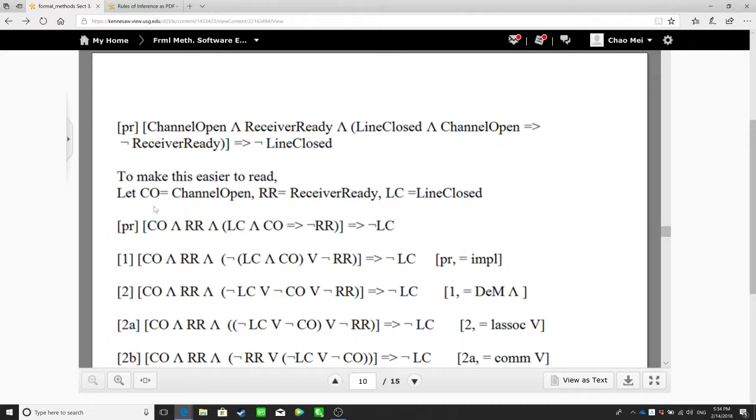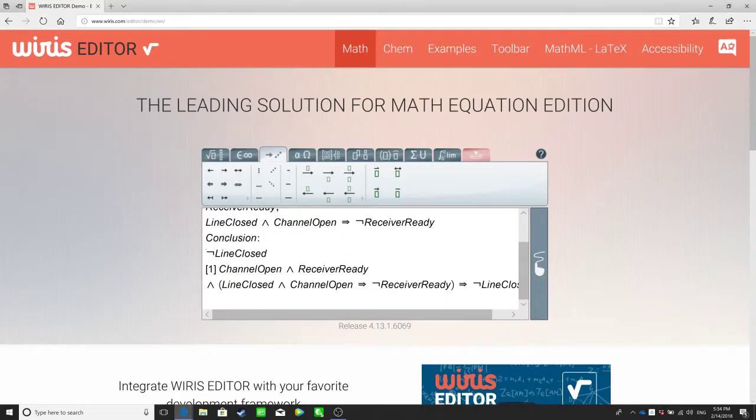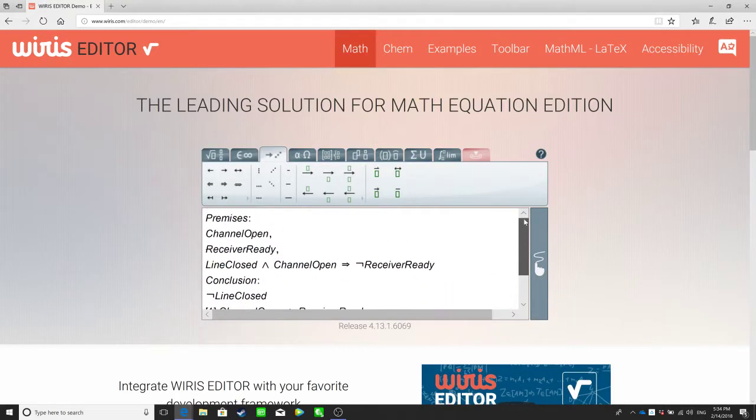Okay, so we have channel open, and we write it as CO. Yeah, this is a good idea. Channel open, receiver ready, line closed.